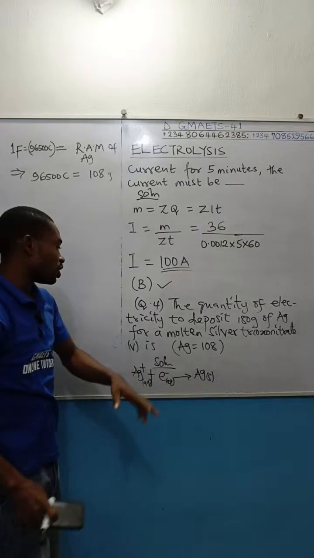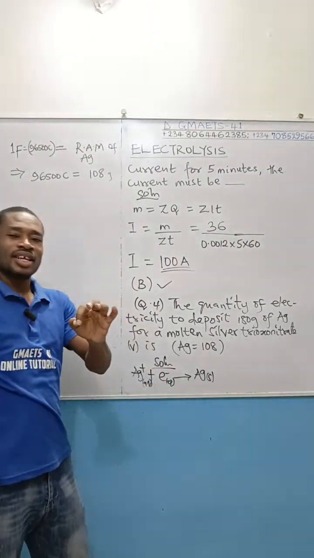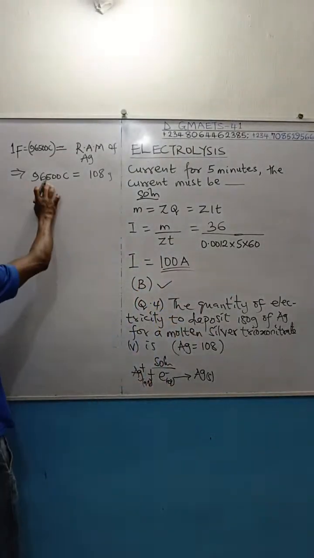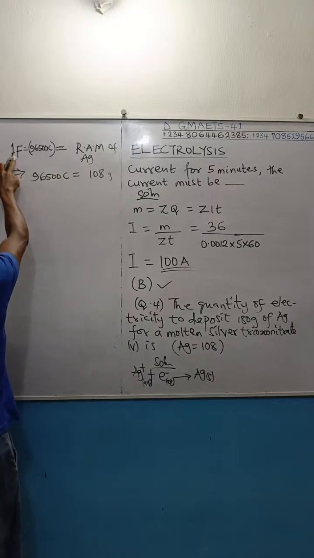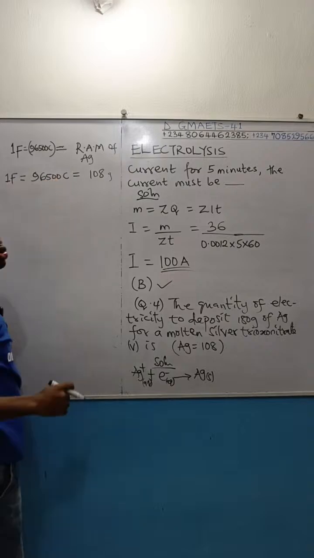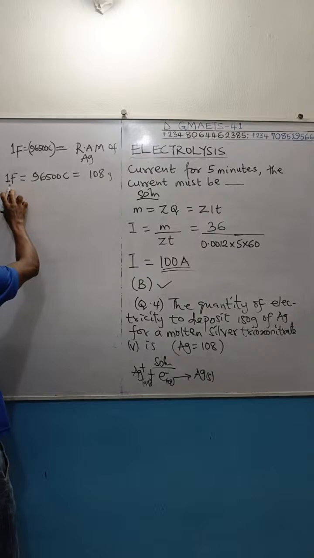Now, from the option given to us, they gave us the value in terms of number of Faraday. So there is no need using the 96,500. We can use this one directly. So let me still indicate 1 Faraday, which is equivalent to 96,500 coulomb quantity of electricity will deposit this. Therefore, how many Faraday?